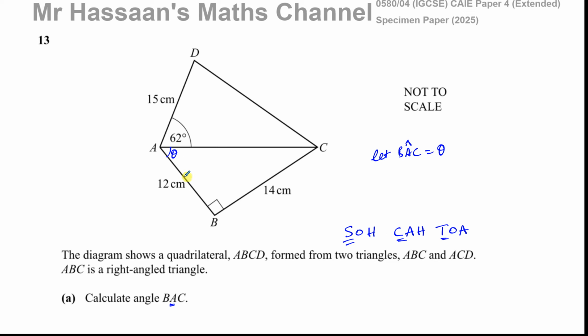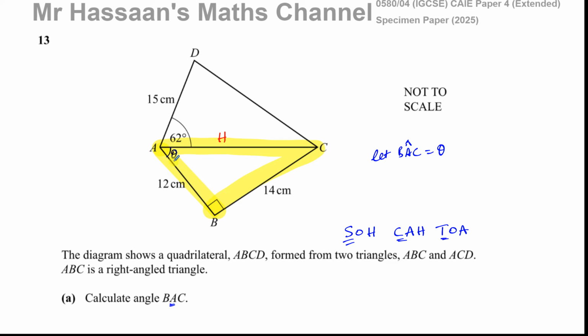In this case, the right angle is over here, and the side opposite to the right angle is always the hypotenuse. So this would be the hypotenuse in this particular triangle ABC, the triangle we're concentrating on right now. The other sides depend on which angle we're considering.